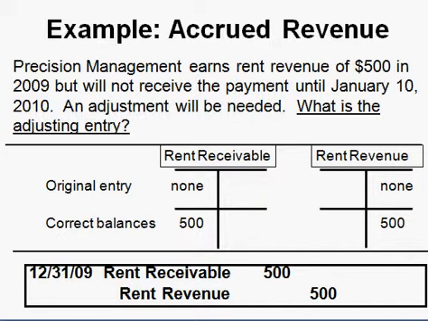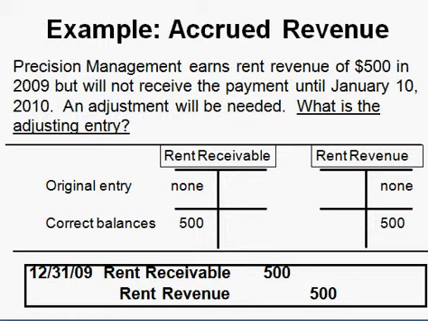So here's an example. They earn rent revenue of $500, but they're not going to receive payment until January 10th. But it's actually rent for 2009. They know that, so they know they have to get it on their books. So basically, the original entry, there isn't one. But to correct this, they put a rent receivable of $500 because they're going to receive that in the future.